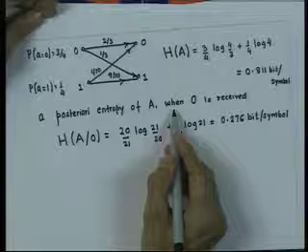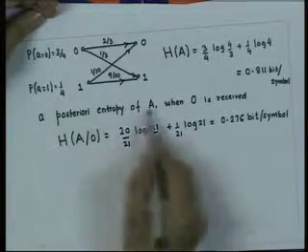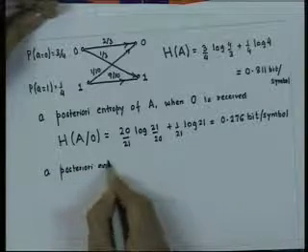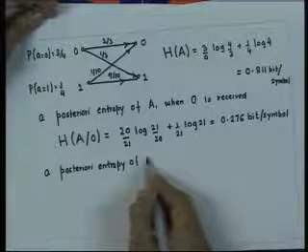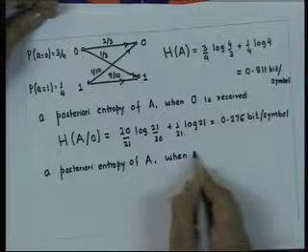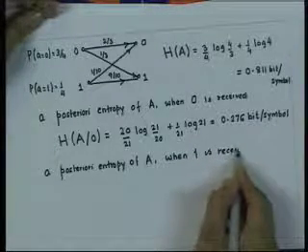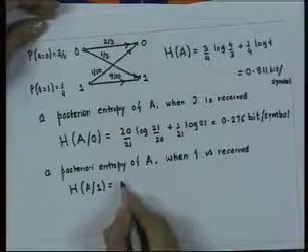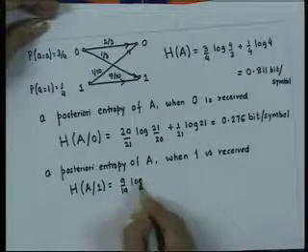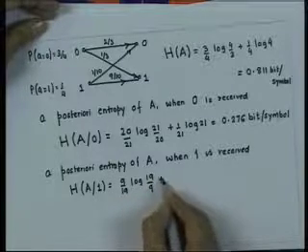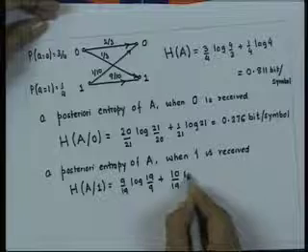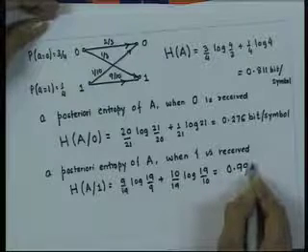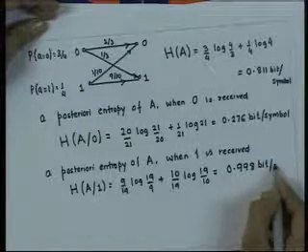Now, if we receive the symbol 1 on the other hand, the a posteriori entropy of A will be given by, is equal to 0.998 bit per symbol.